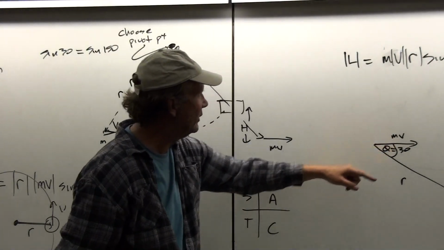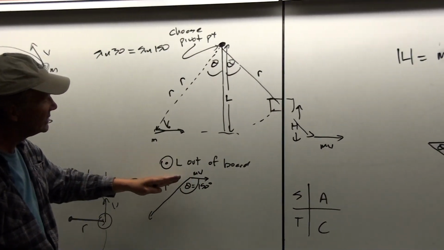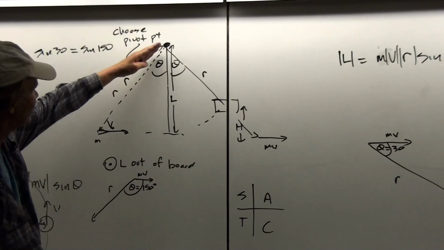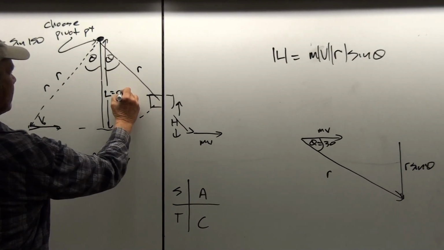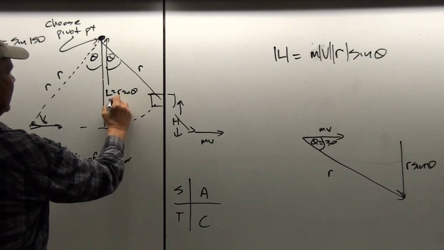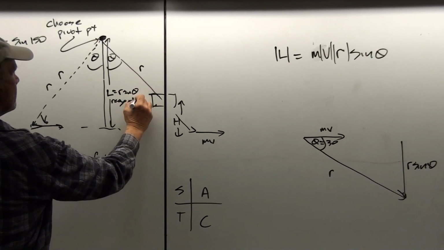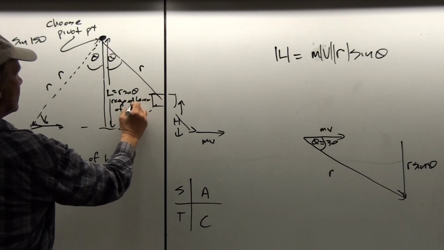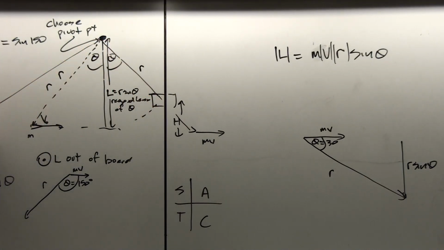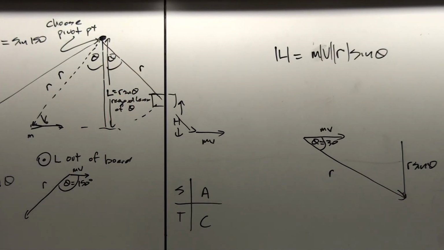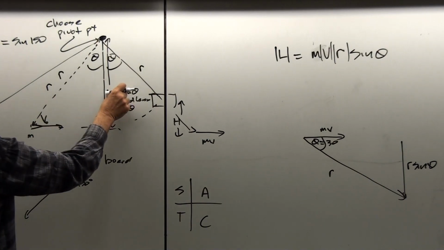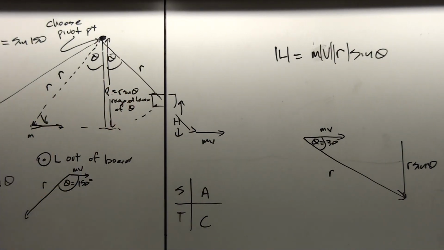Whether it's 30 and 150 or whether it is 160, then this r is going to be bigger, but the r sine theta will always be the same, regardless of theta. If it were way out here too, then this would be a different r times the sine of theta, but that r sine theta is always going to be the same value for L. Or we call this little l here because I don't want to confuse that with angular momentum.